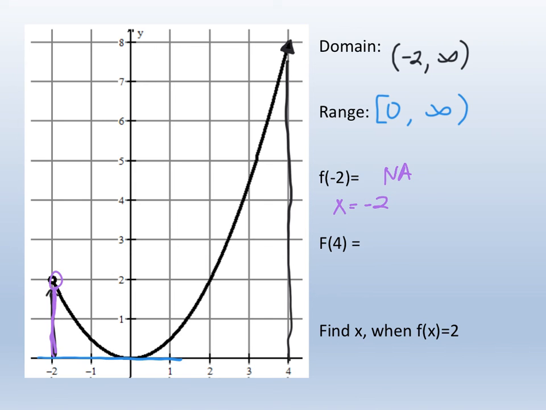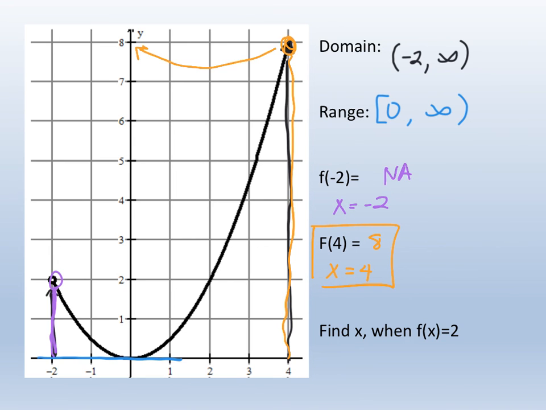Okay. Next one we have f of 4, which means x is equal to 4. And I go up, up, up, and it touches right here. That means that my y value or my answer is positive 8. So f of 4 is equal to 8. That's my answer for this one.